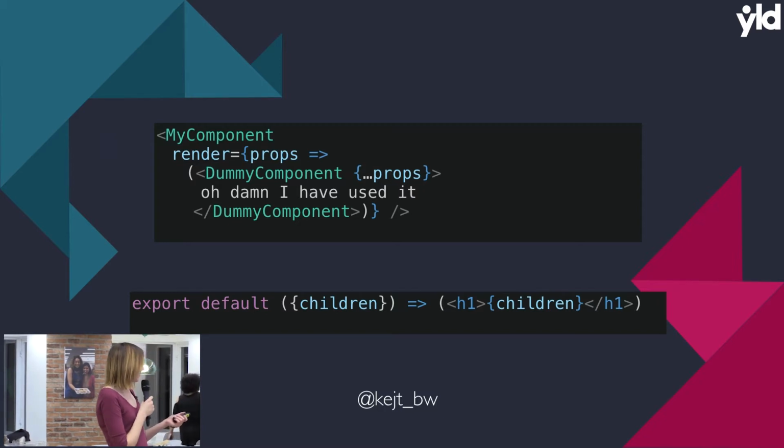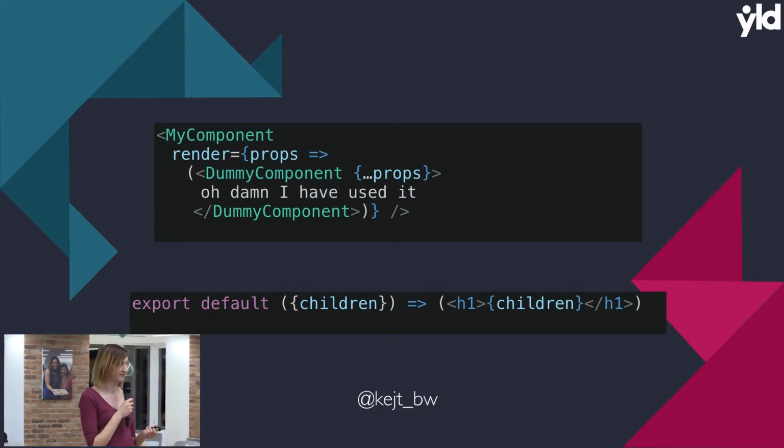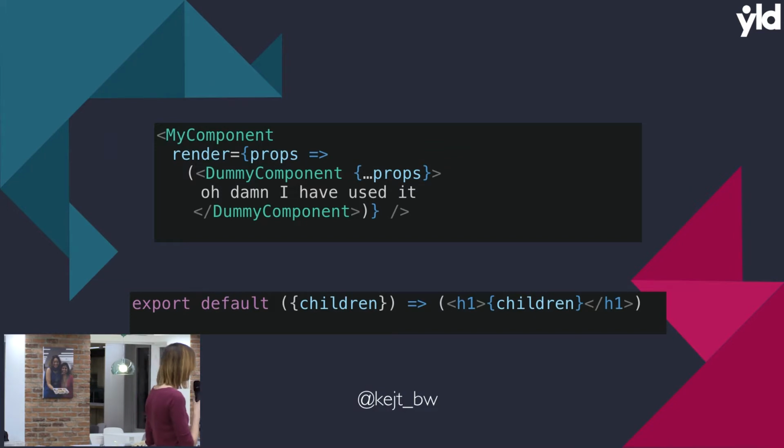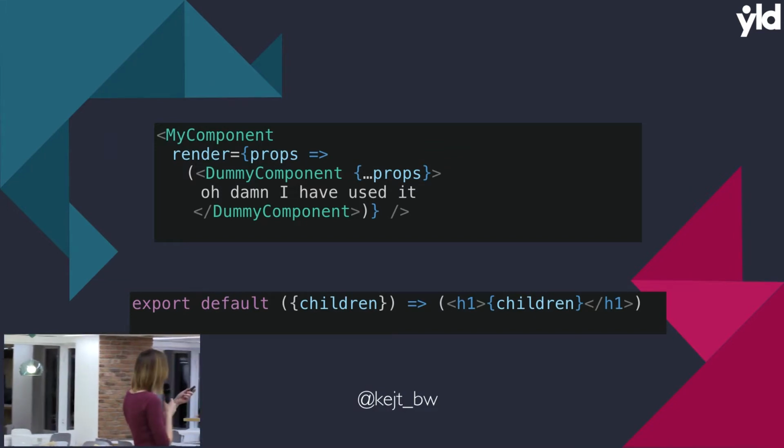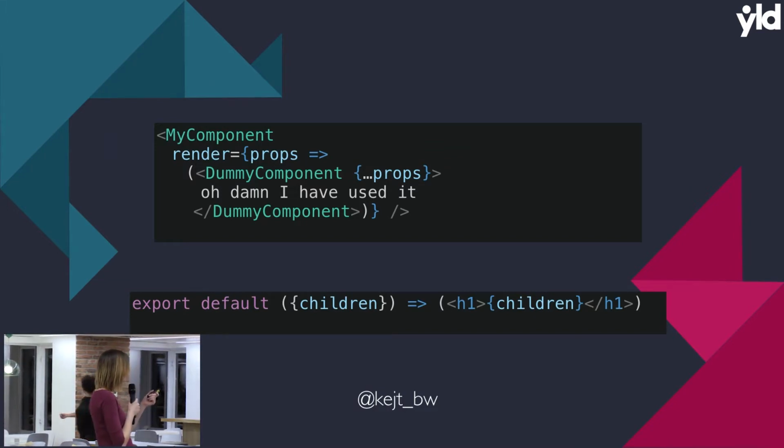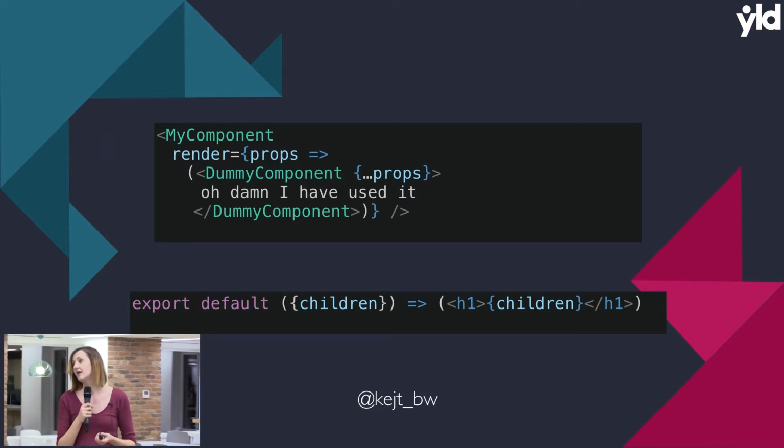Well, have you heard about premature optimization? It's bad. You don't do any optimization before you need it. And this is the thing about inline methods. The arrow functions used there are not that bad.